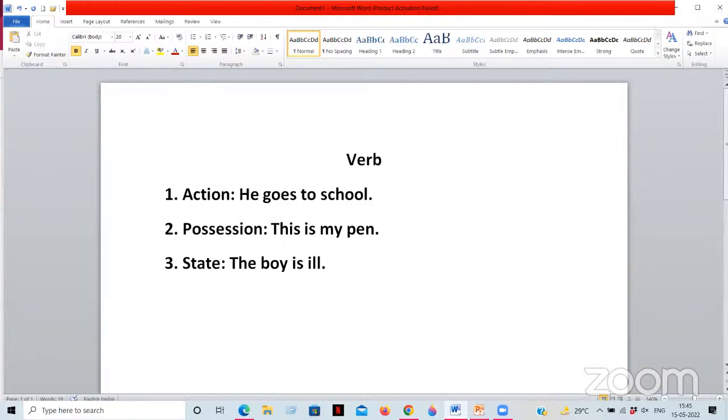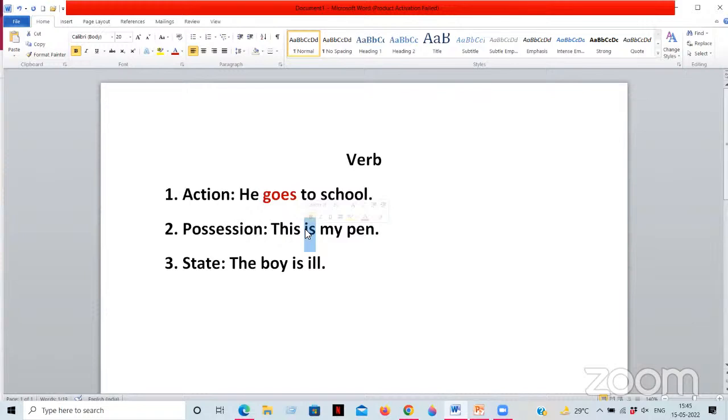The first one is action, obviously, that here the person is doing an action, that is going somewhere to a school. So it is actually performing as an action. So here goes actually is an action, but here in this one the verb is not doing an action.